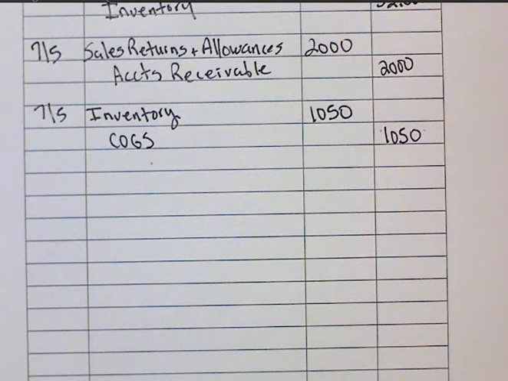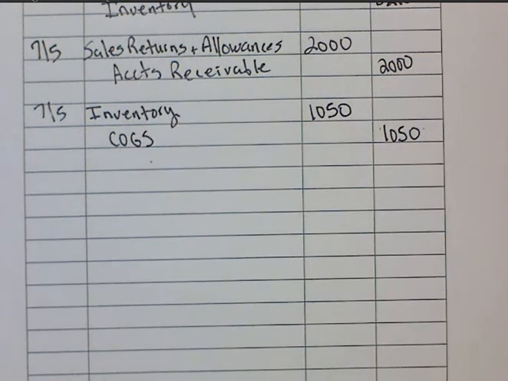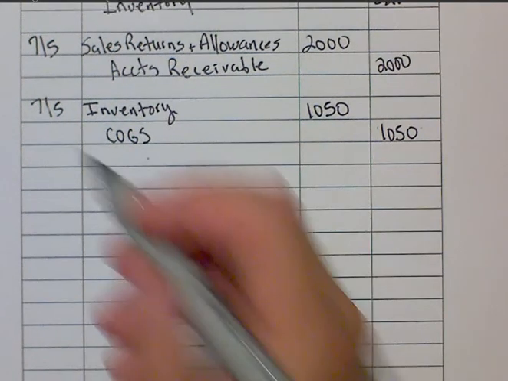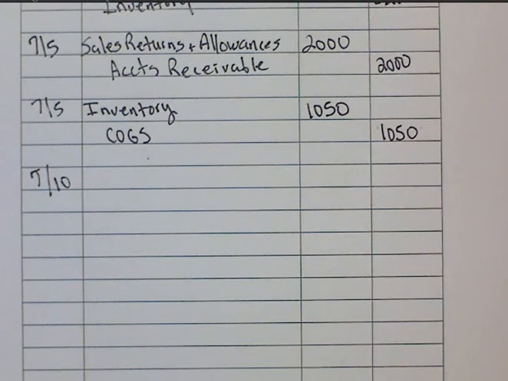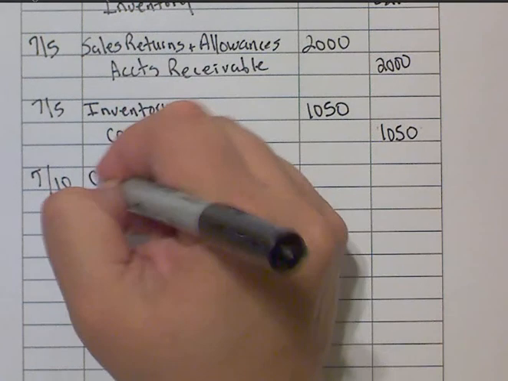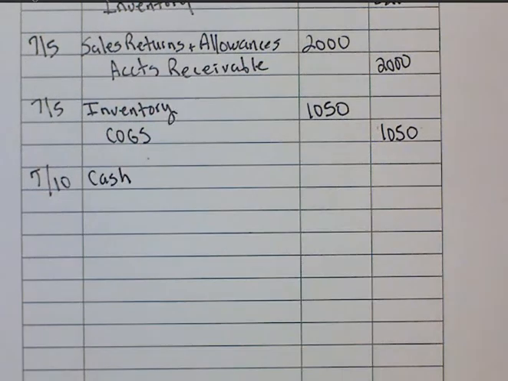So going back to our journal entry, payment is occurring on July 10th. We're going to debit cash for the amount of cash we're receiving, which is the $57,820.